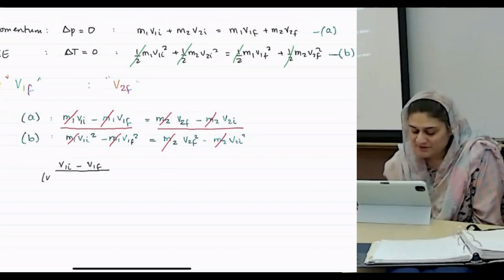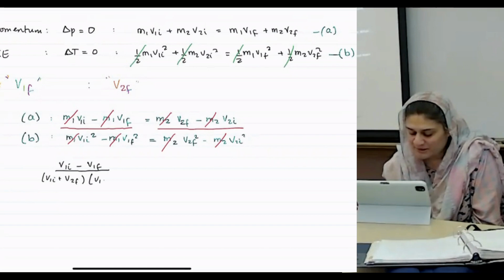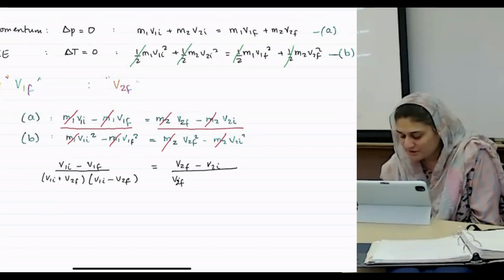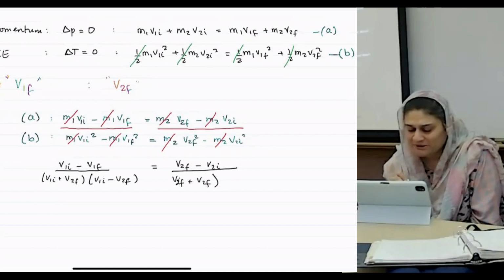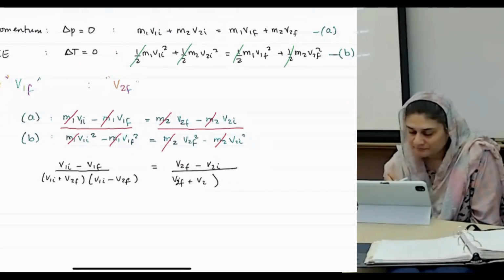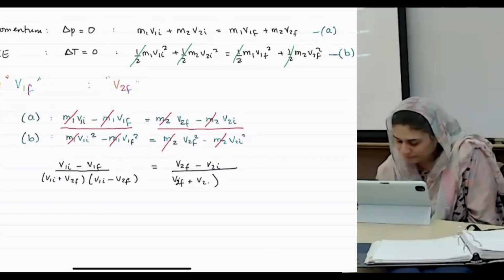Can this be written as V1I plus V1F times V1I minus V1F equals V2F minus V2I divided by V2F plus V2I? Wait, this should be an I. This should be I and F, and then V2F minus V2I.